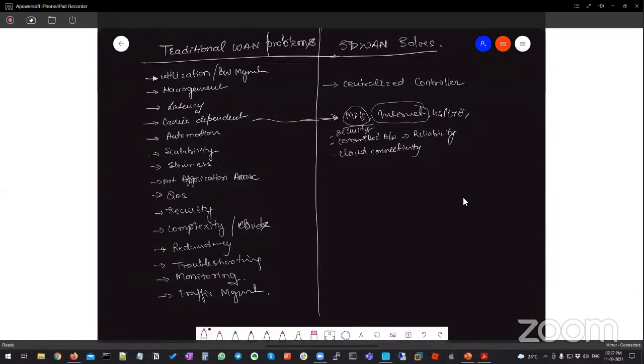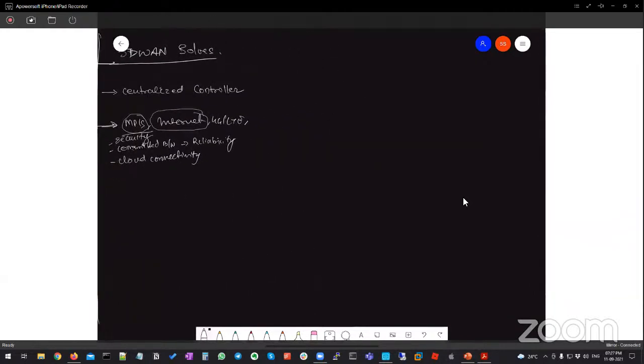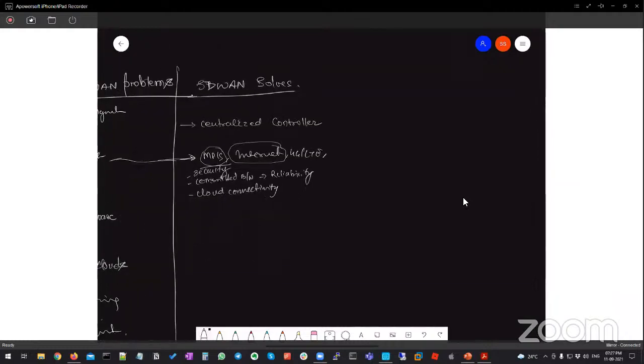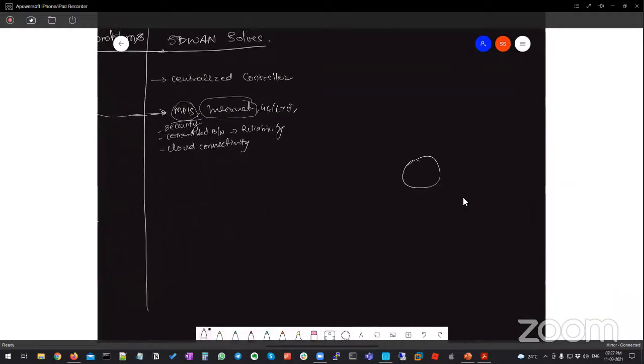So now, if I show you, for example, I have my headquarters and, for example, here I have this branch. And for example, this is my internet in between. As soon as I start configuring my SD-WAN over this link, it's going to make your IPsec tunnel.